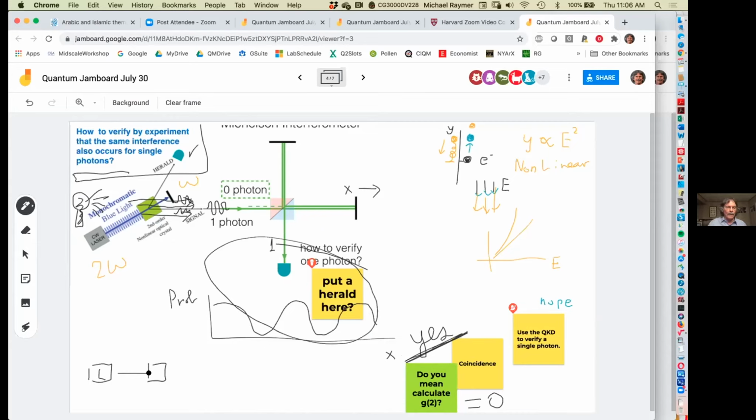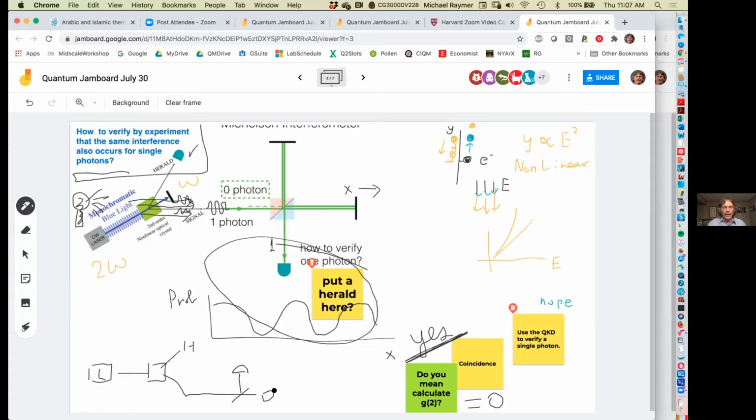He went to the crystal, he had the herald, he had this going down here, and then he put in a beam splitter. It was actually a fiber beam splitter. And then he had 2 detectors here.